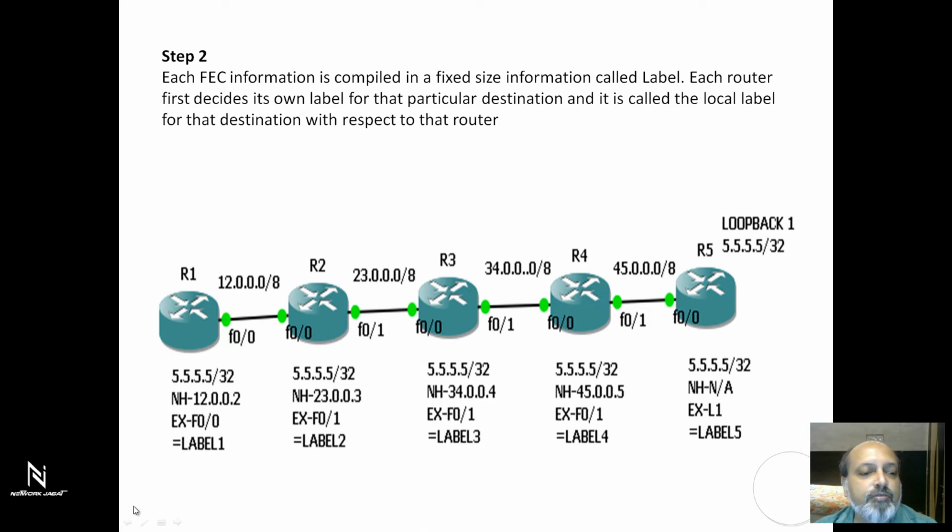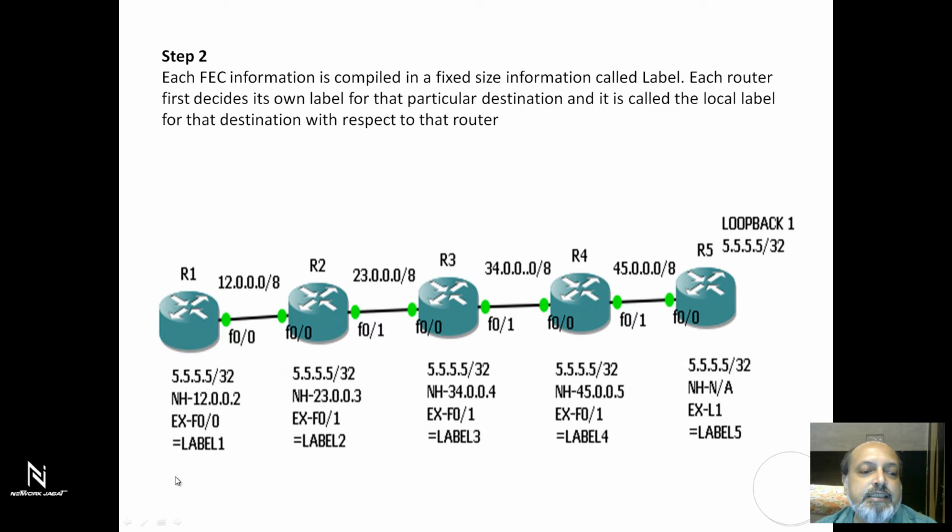So R1 has already decided that for this destination 5.5.5.5, my next hop is 12.0.0.2 and my exit interface is F0/0. There are also other pieces of information, but for simplicity I am just considering these two, the next hop and the exit interface. They are compiled into what is called a label.